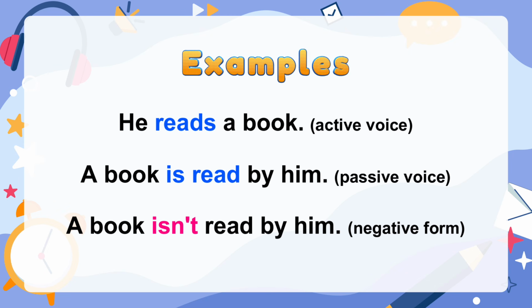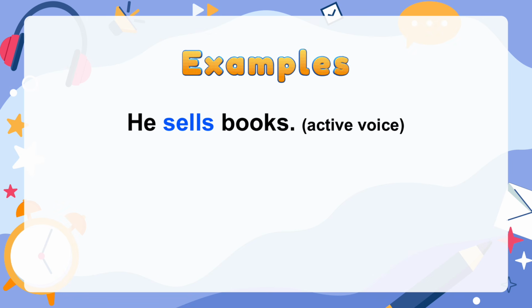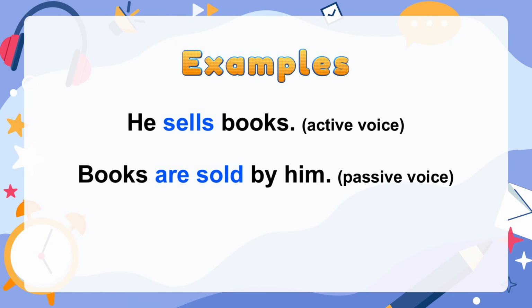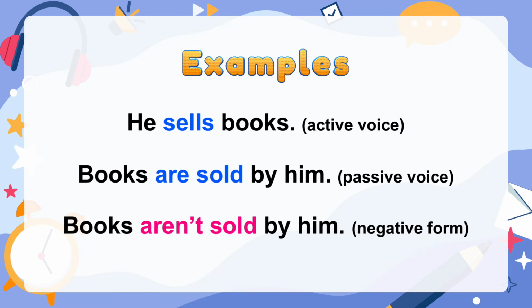Be verb is plus not, and the past participle read. Active voice. He sells books. Passive voice. Books are sold by him. Negative form. Books aren't sold by him.